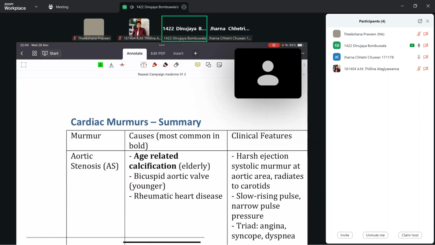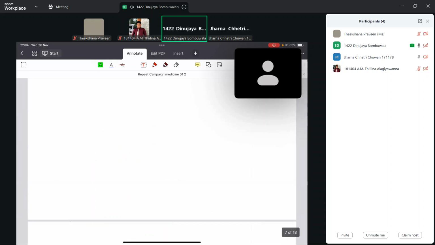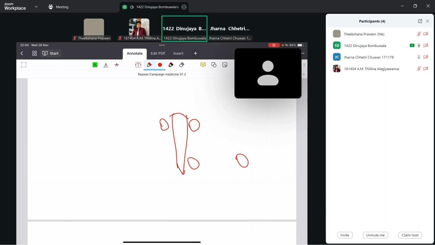So aortic stenosis. No, we'll go through it like this. I'll draw a rough sketch, and I'll ask about each murmur you can hear in these areas. These are the main four regions.